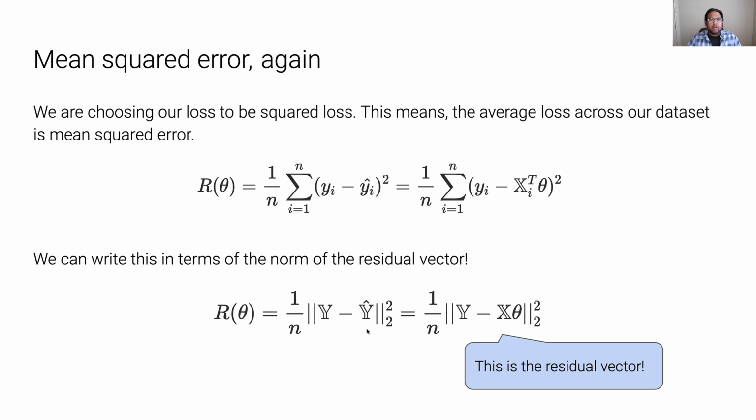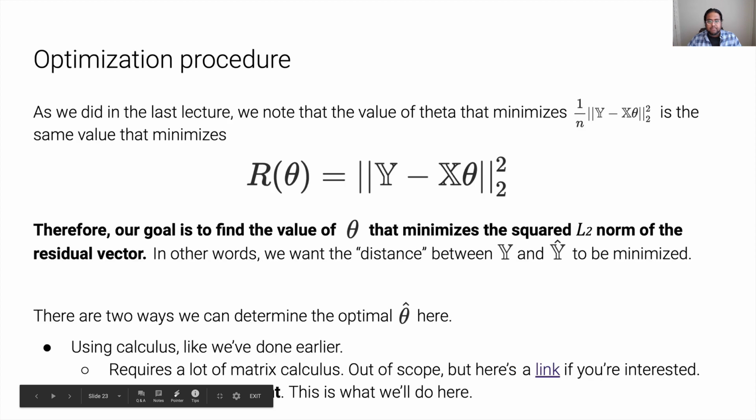Substituting in our model y hat is equal to x times theta brings us to this expression, right? And this, again, is an equivalent way of writing our residual vector. And so this right here is our average squared loss across our entire data set, and we are looking for the value of theta that makes this quantity as small as possible, that minimizes this quantity.